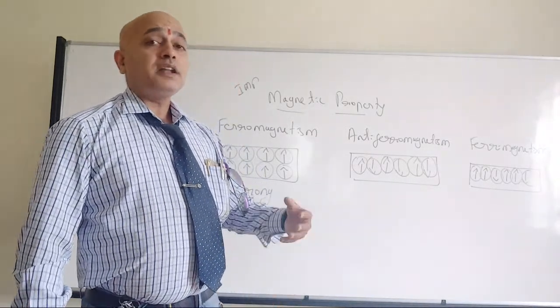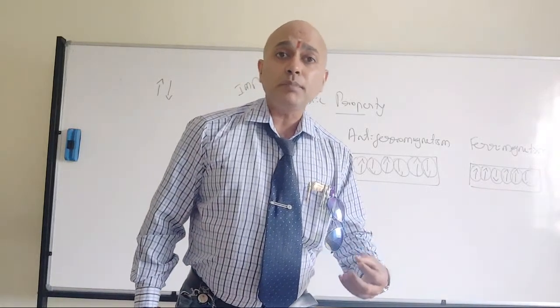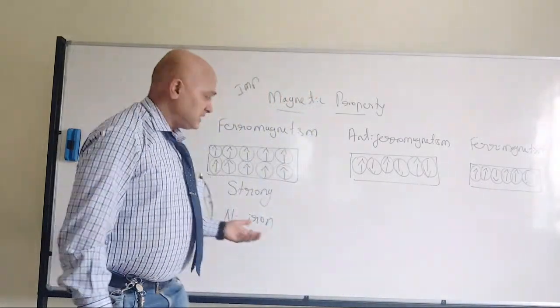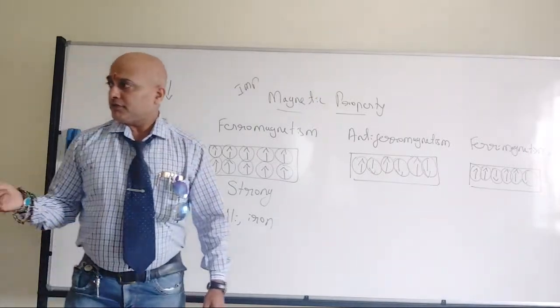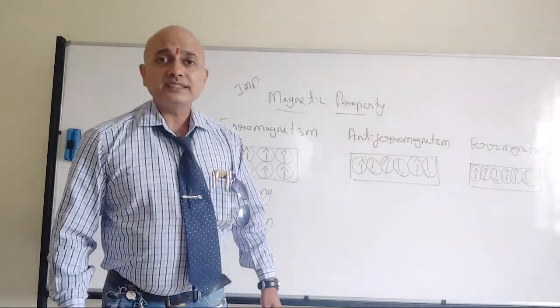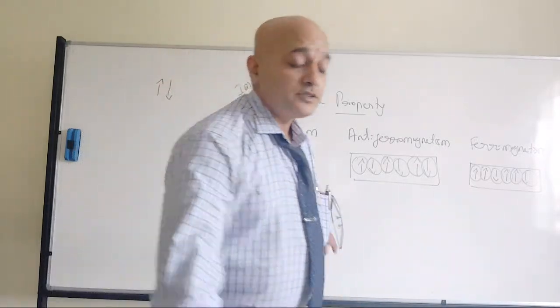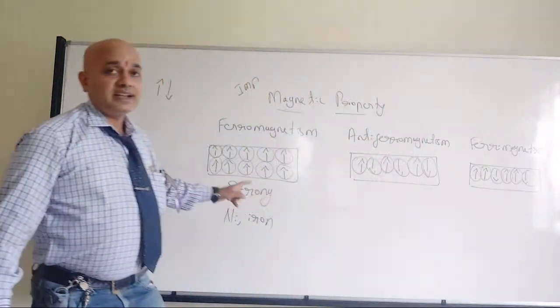Fine? But at one particular point, which is called the Curie point, iron can be converted into a paramagnetic element. That might be there in your physics. So that is called the Curie point, right?